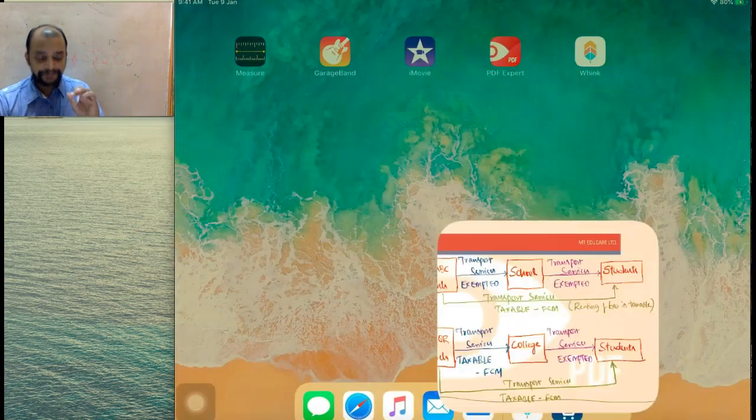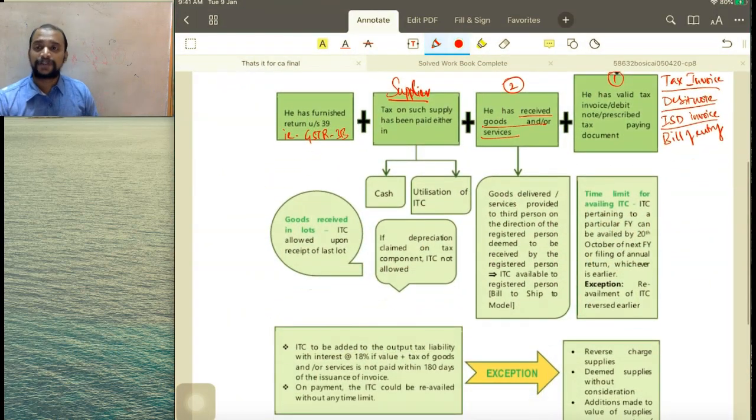So therefore, that bill to ship to transaction, which address will take ITC? Billing address. Goods delivered or services provided to third person, that is shipping address, on the direction of the registered person, billing address. Registered person is billing address, deemed to have been received by the registered person. So the billing address is deemed to have received as and when the shipping address has received the goods or services.